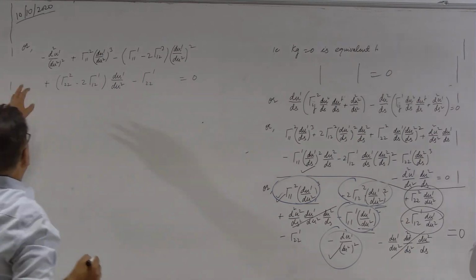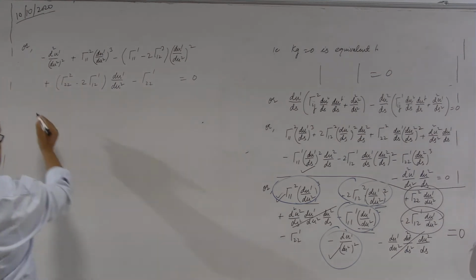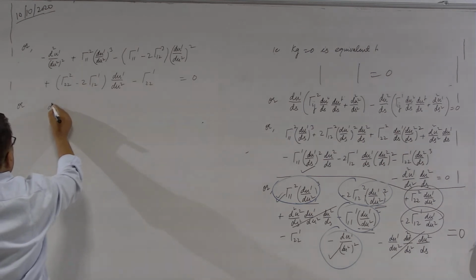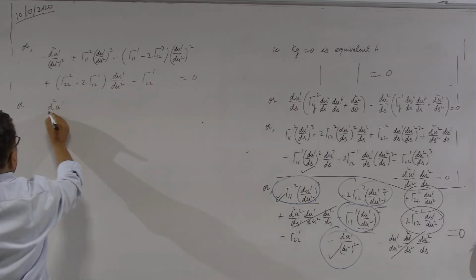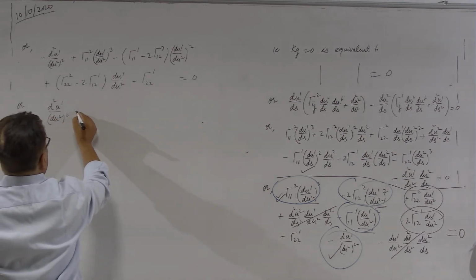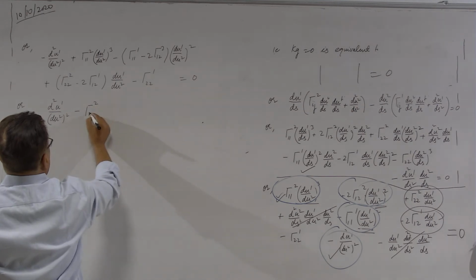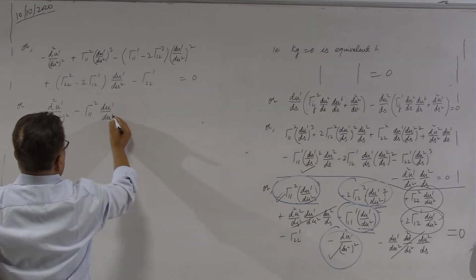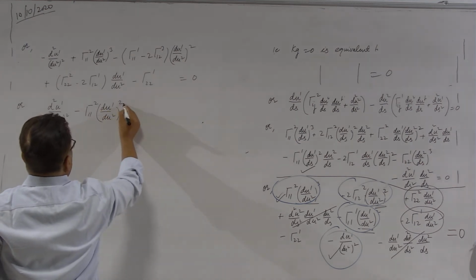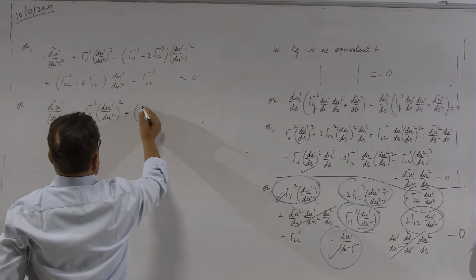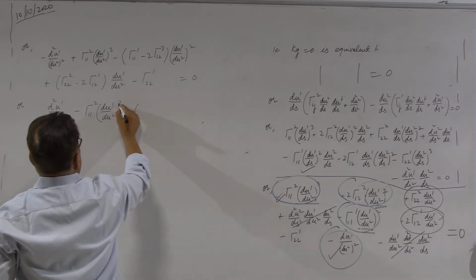If you don't like a minus sign over here, you multiply it throughout by minus. So this will become d2u1 upon du2 square, and then it will become minus 2 1 1 into du1 upon du2 whole square. This you make at plus whole cube, I am sorry.